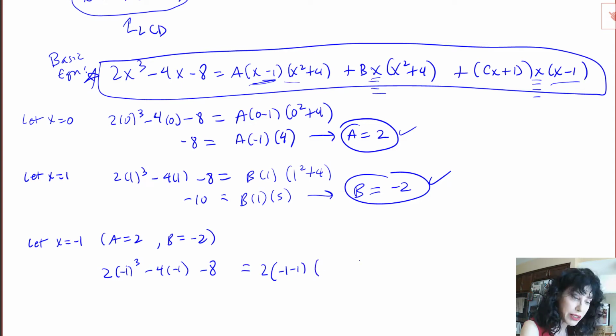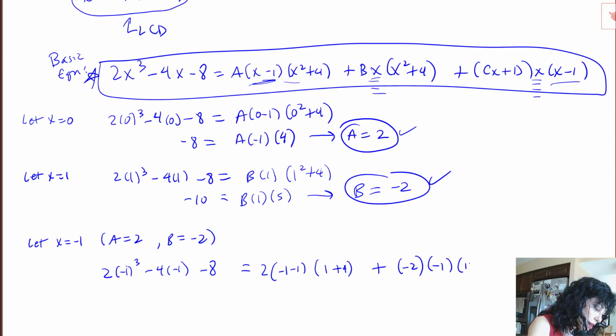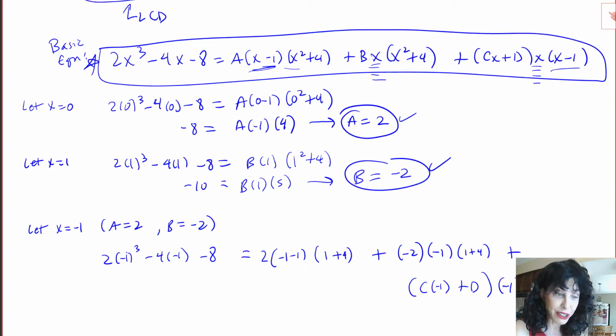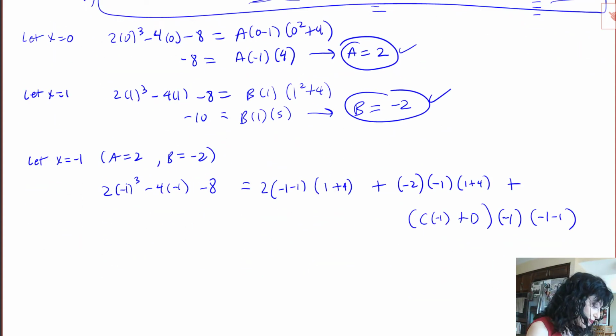And then -1 squared is +1, so I'm going to go 1 plus 4 plus b, but b is -2, times x, but remember, we're substituting x equals -1, and then 1 plus 4 is what we're going to have there, and then plus, and I'm running out of room, so I'll go to the next line, cx, but that's c times -1 plus d times x, x is -1, and then the last factor there is x minus 1, -1 minus 1. Okay, this is a big mess. You got to clean this up with all the arithmetic here.